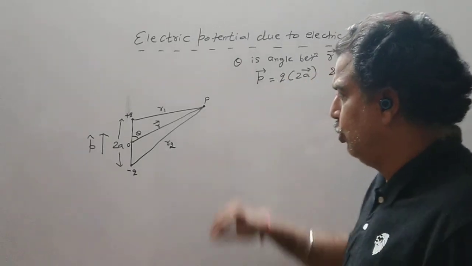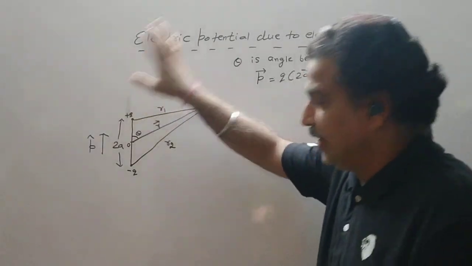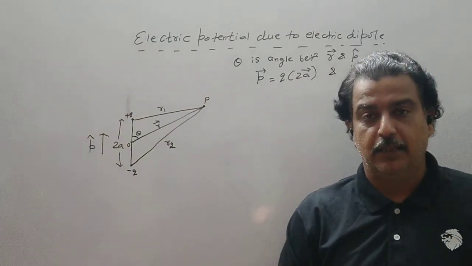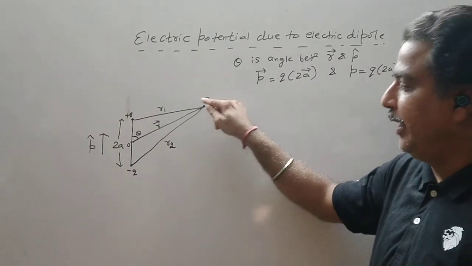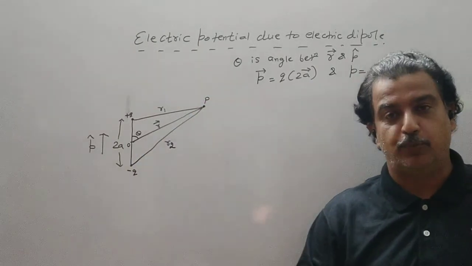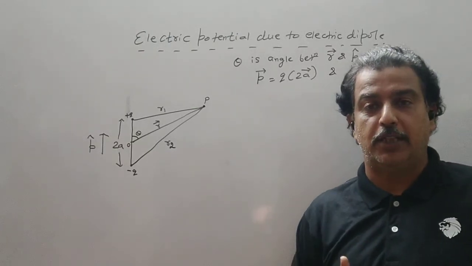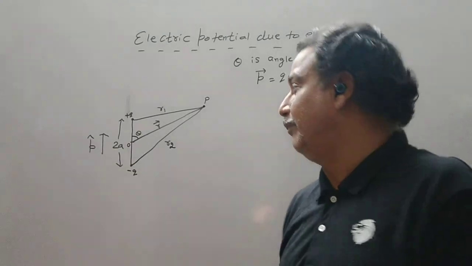So what we will do, we will find out the potential at P due to plus Q only, that is a point charge, so we apply the formula of a point charge. Then potential at P due to minus Q charge. If the source is positive, potential is positive. If it is negative, the potential is negative. Then we do the summation. It is an algebraic summation.